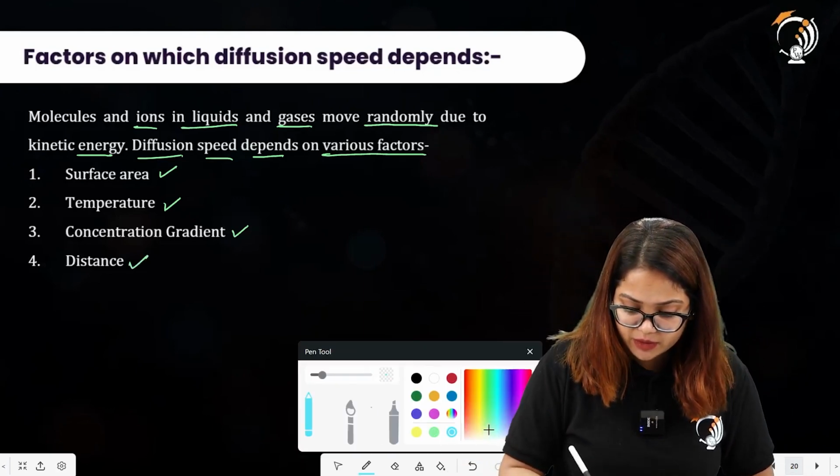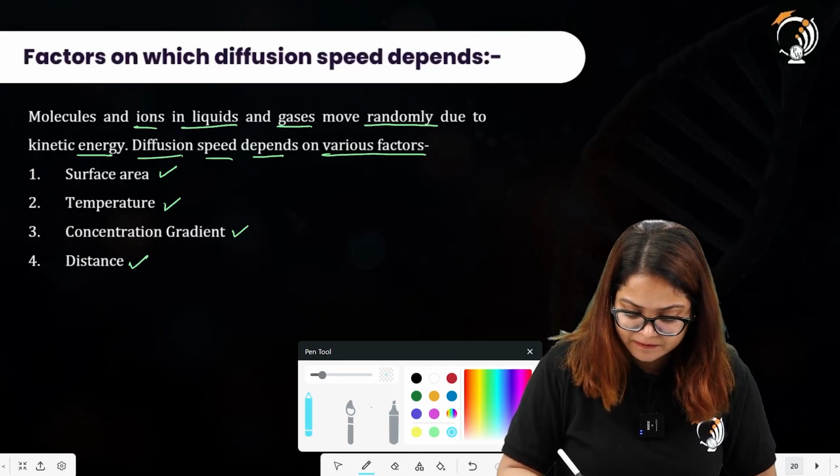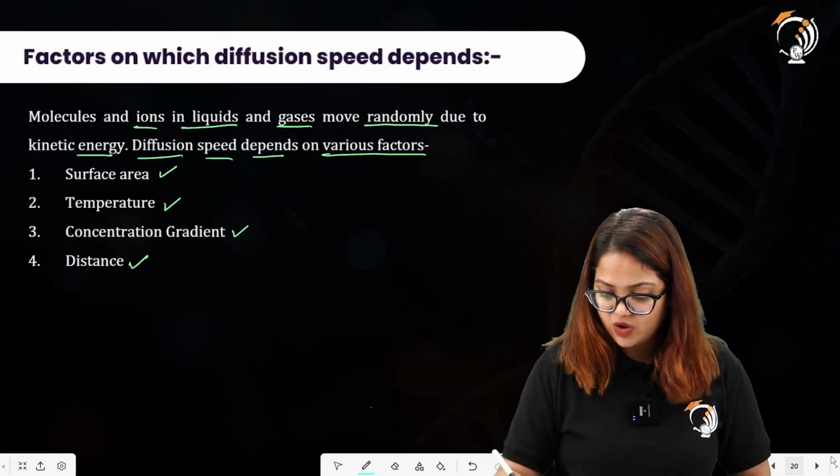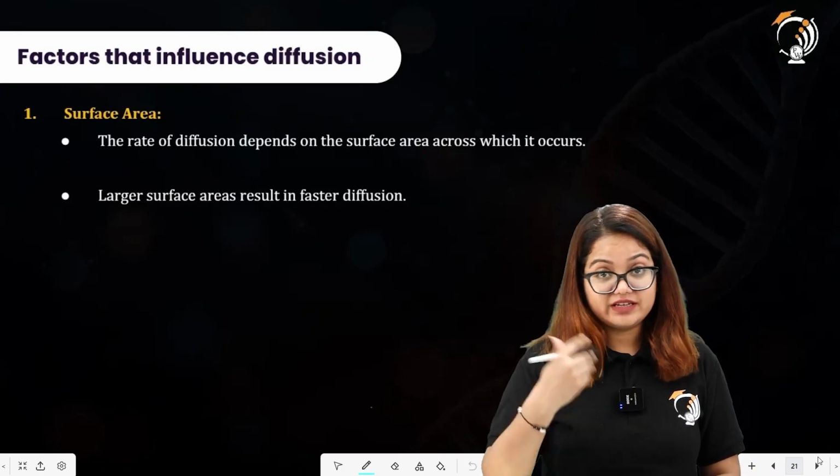Let us see one by one what all these factors do with the rate of diffusion.